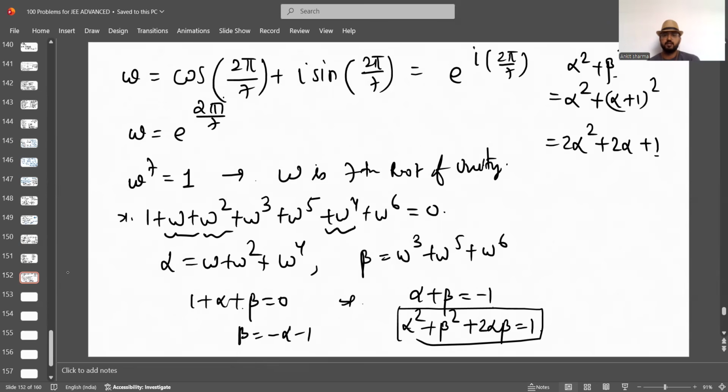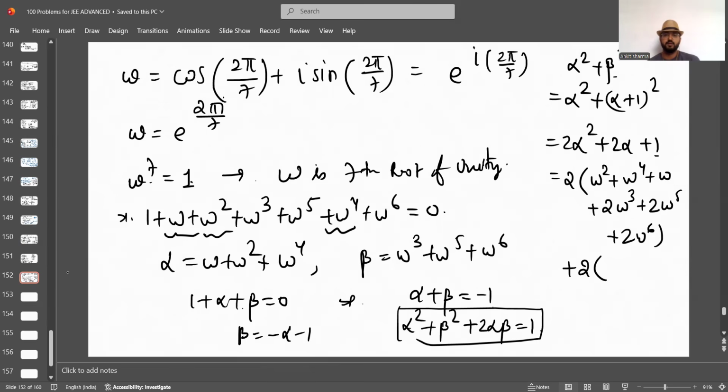So if you look at alpha square, then this is going to be 2. Alpha square will be omega square plus omega 4 plus omega power 8. If omega power 7 is 1, then omega power 8 will be omega. So I get here omega, and then plus 2 times omega cube plus 2 times omega 5 plus 2 times omega 6. So we've got this thing, and then plus 2 times alpha.